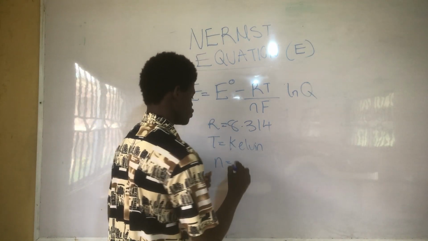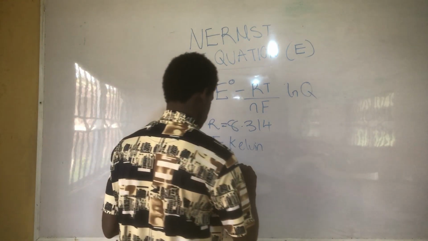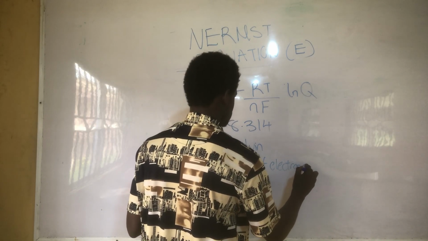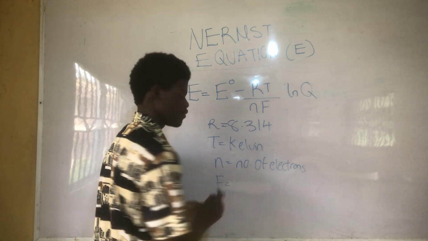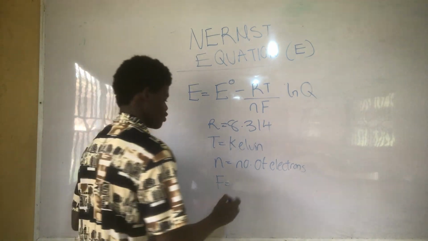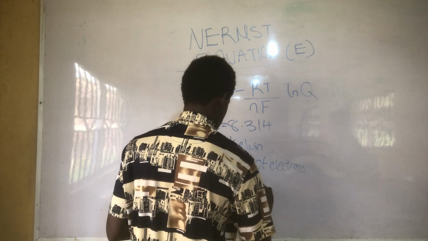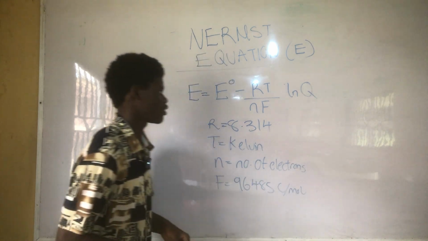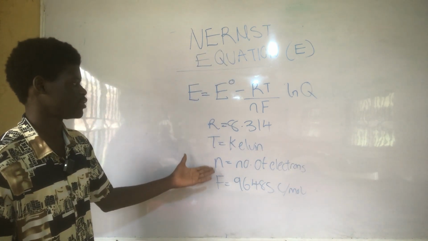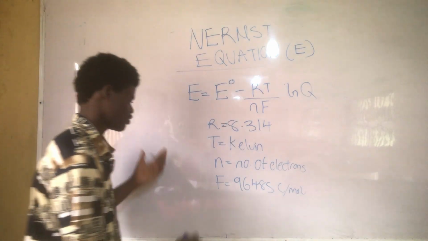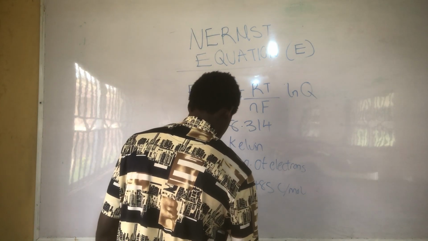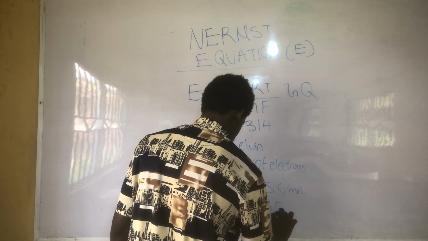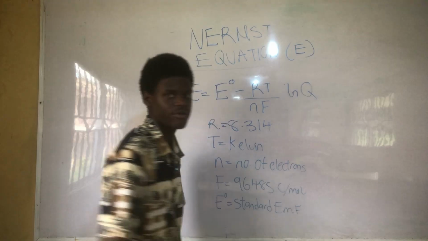N is your number of electrons, and F is Faraday's constant, which is 96,485 coulomb per mole. So that's R, that's T, that's N, F. E naught is the standard EMF.